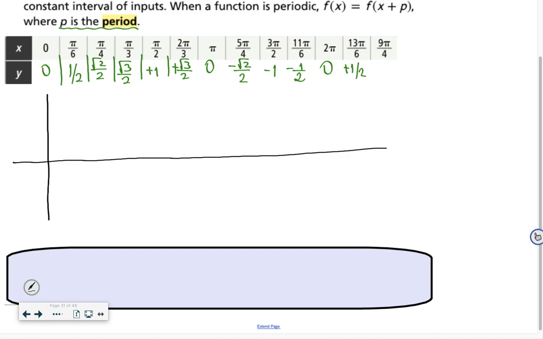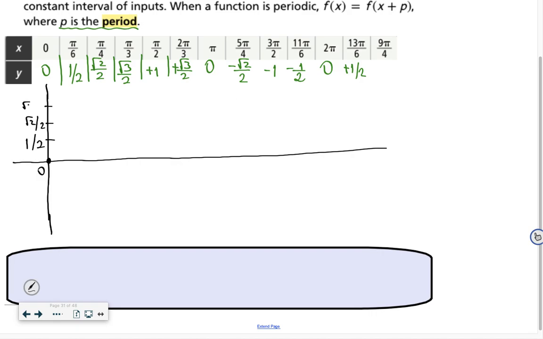So these are x and y values. This is 0. If you try to graph the y values first, this is going to be 1. Let me start from here, 1/2. So let me do this. This is radical 2 over 2.